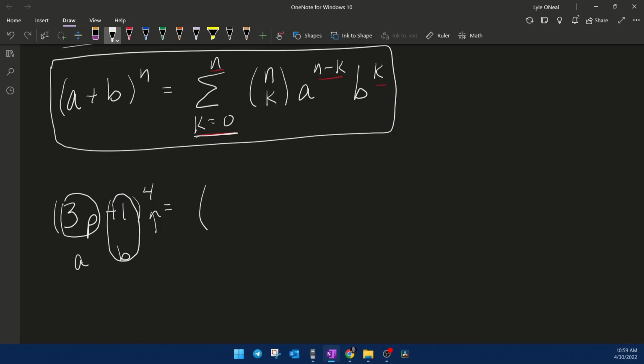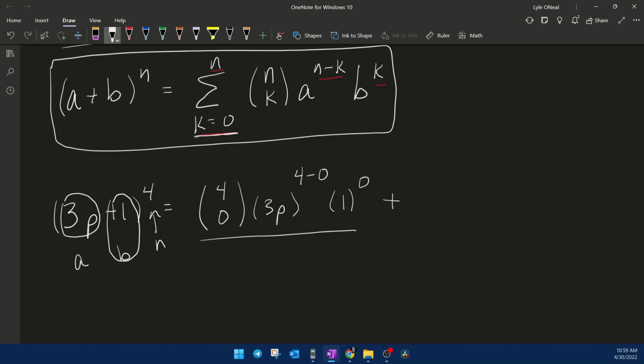That will give us n choose k. Remember, n is 4, and k is 0 for the first term. A, which is 3p, to the n minus k, 4 minus 0, times b, which is 1, to the k, which is 0. All of that represents the first term of the sequence.